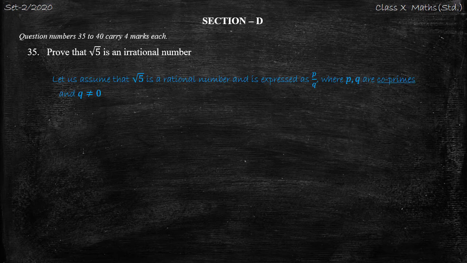Coprimes means there is no common factors other than 1. If it is a rational number, it can be represented by ratio of two integers.